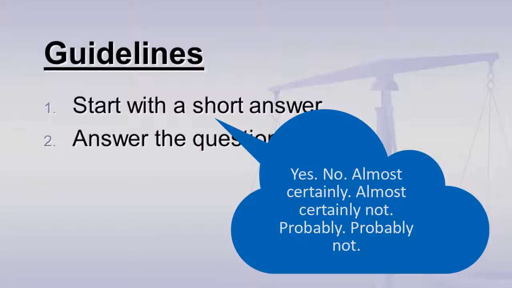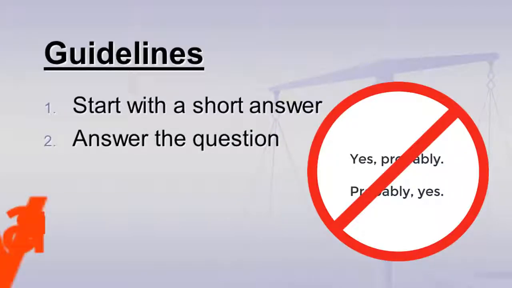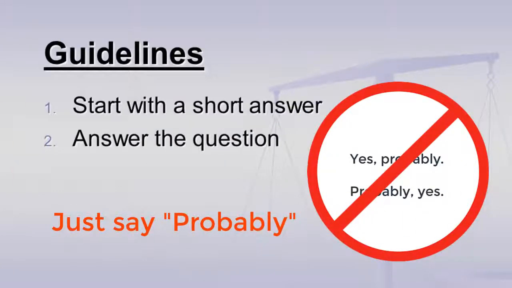There are several options for part 1: yes, no, almost certainly not, probably, and probably not. It all depends on how certain you are about the outcome of the case. As an aside, please don't use yes probably or probably yes, as I view those phrases as internally redundant.